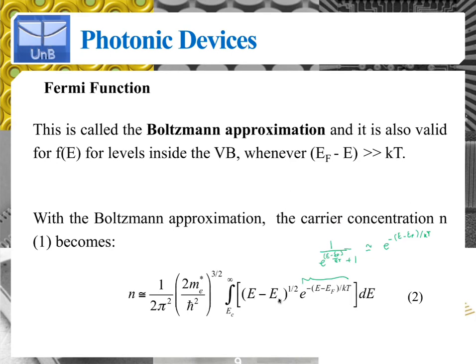So what we can do now is we can do variable substitution to further simplify this integral. Now remember, these are all constants right here. So what can we do here?